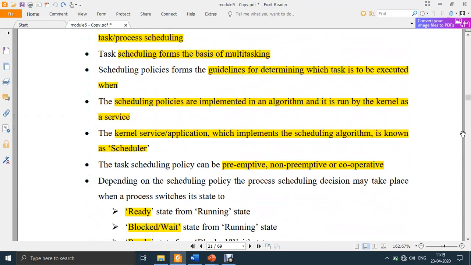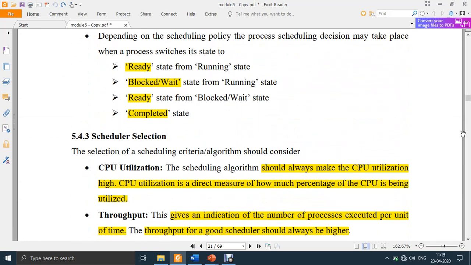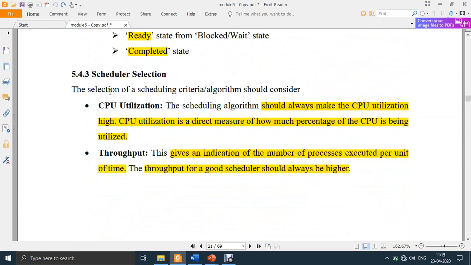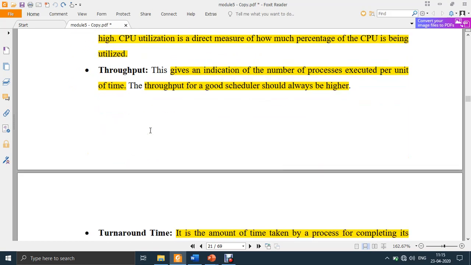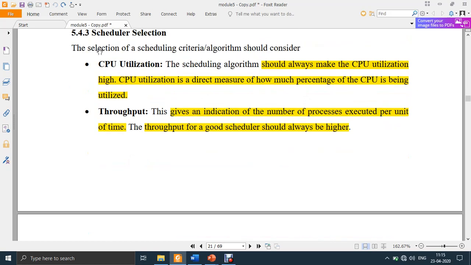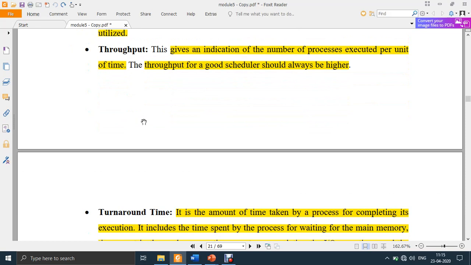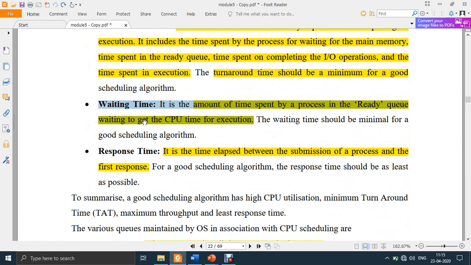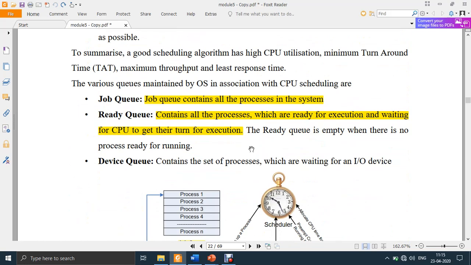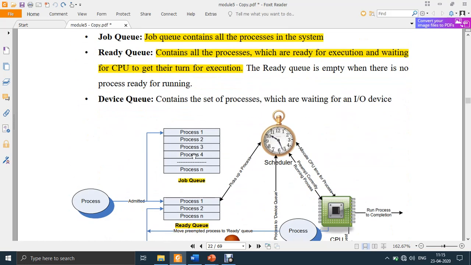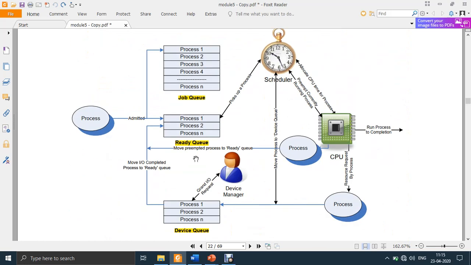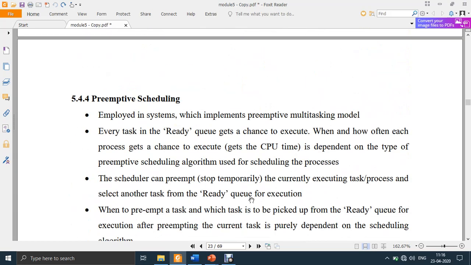We also discussed scheduler selection, how we select the scheduler based on these criteria. Which are the criteria? CPU utilization, throughput, turnaround time, waiting time, response time. And then we discussed the three queues, right? Job queue, ready queue, and device queue.